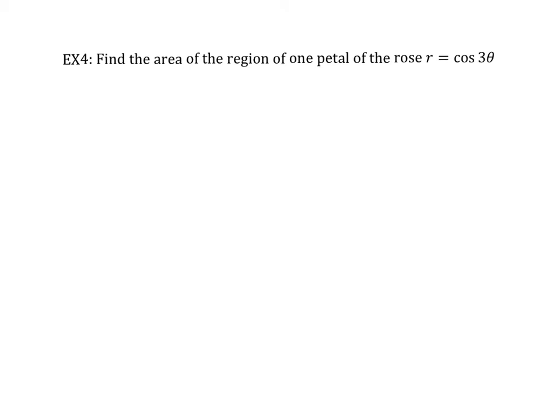Let's do another integral. We're going to find the area of the region of one petal of this rose. r is equal to cosine of 3 theta. So again, we want to go ahead and graph this first, and that's because my limits of integration were not given to me.